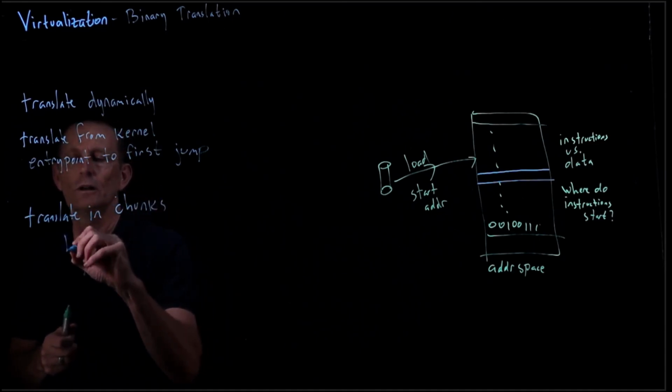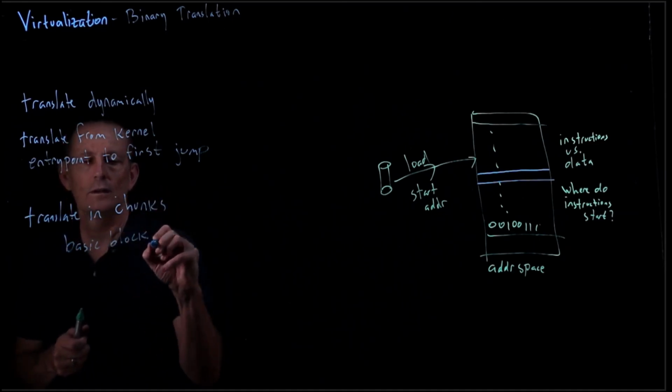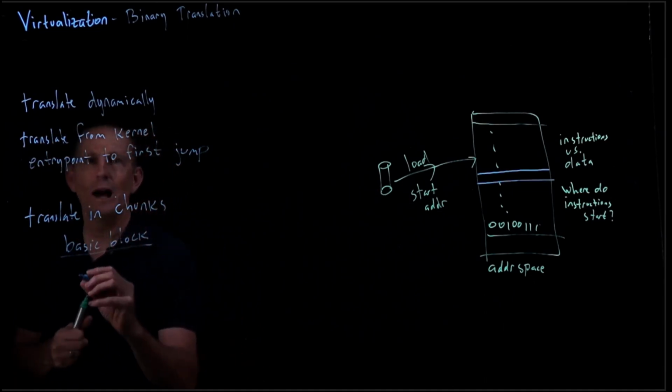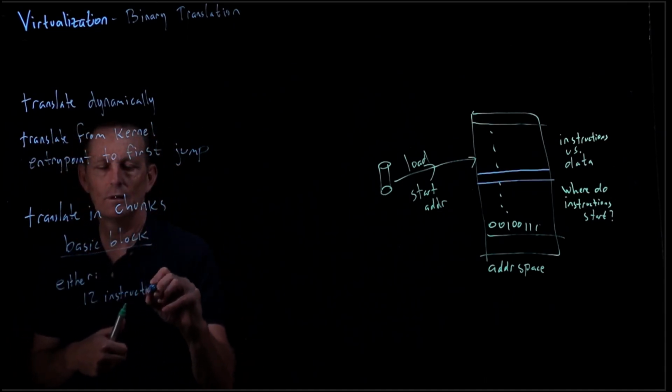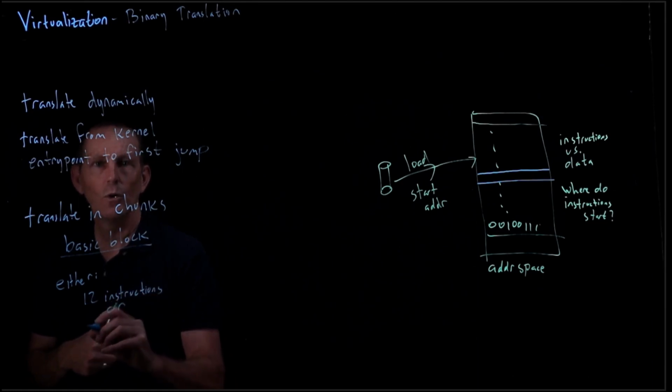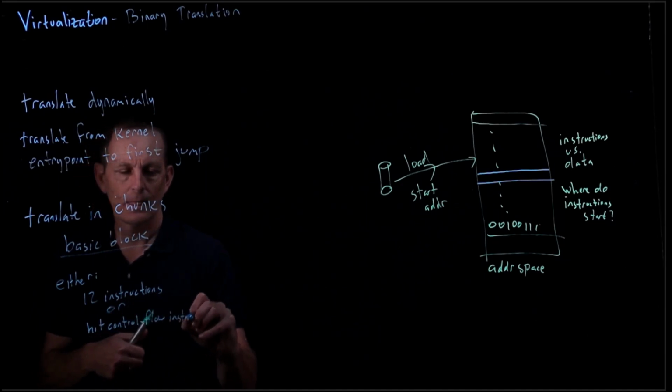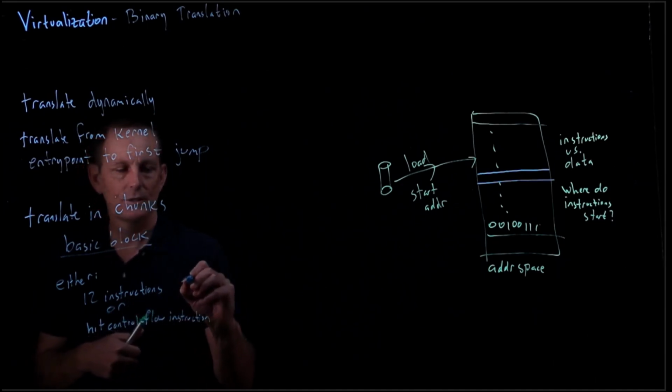Chunks, which we're going to call basic blocks. So a basic block is either 12 instructions or when we hit a control flow instruction, whichever one is first.